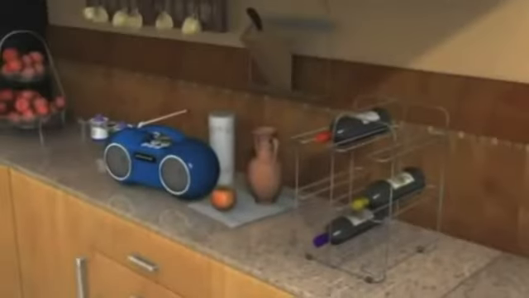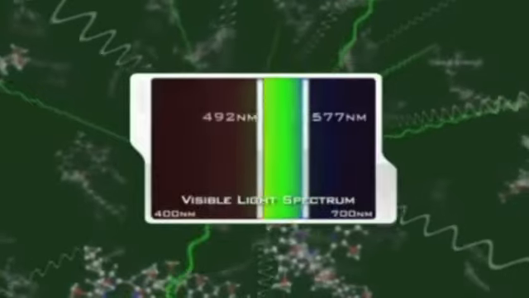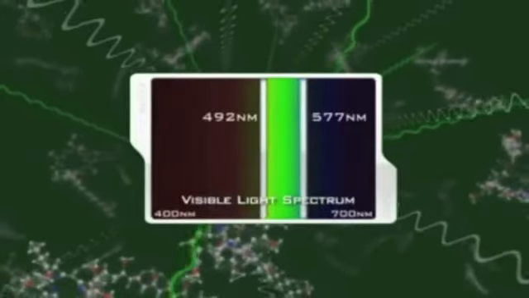Some wavelengths in the visible spectrum are reflected and other wavelengths are absorbed. This leaf looks green because EM waves interact with the chlorophyll molecules. Waves between 492 and 577 nanometers in length are reflected, and our eye interprets this as the leaf being green.